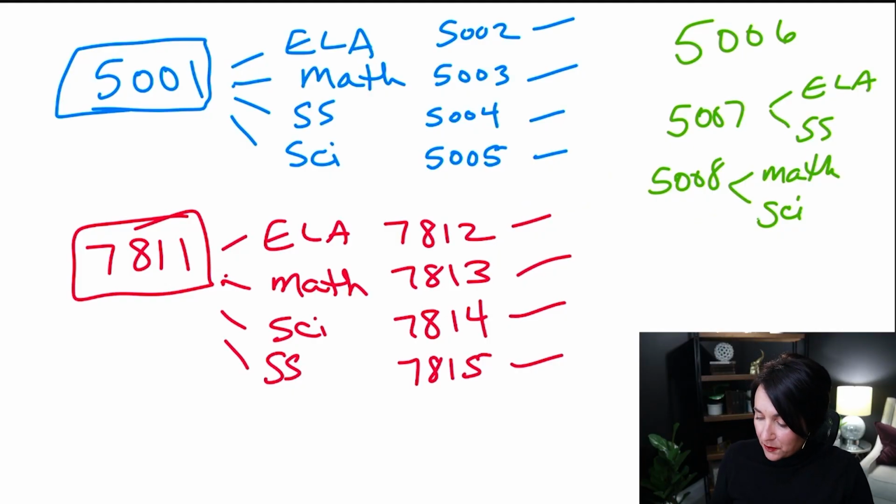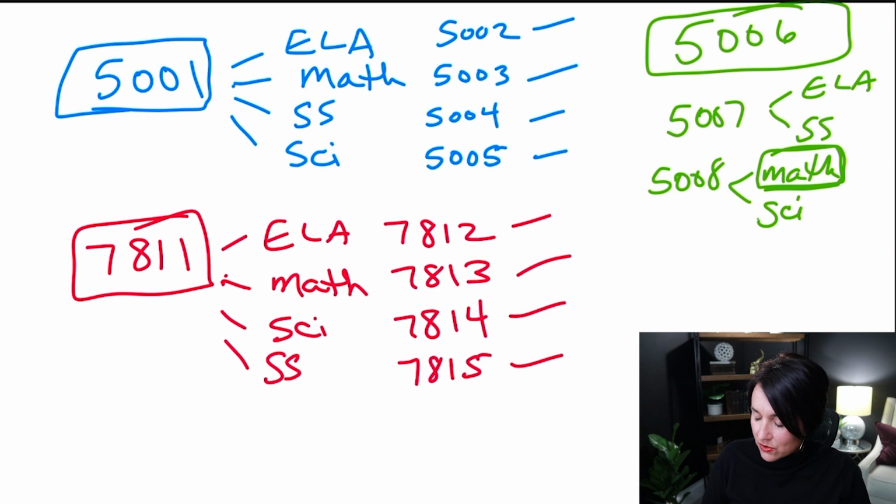You can see they kind of broke them up by content area, but also mushed the content areas together that are similar. And so a lot of people are struggling with this section here, this math. Now, again, this is the whole shebang, 5006, and then we have these 2 areas here.